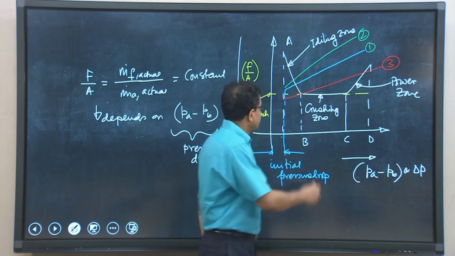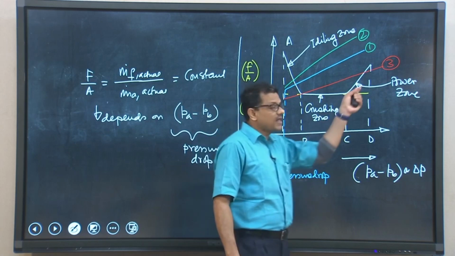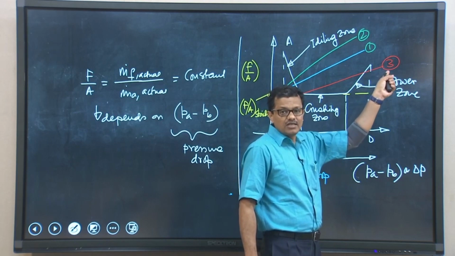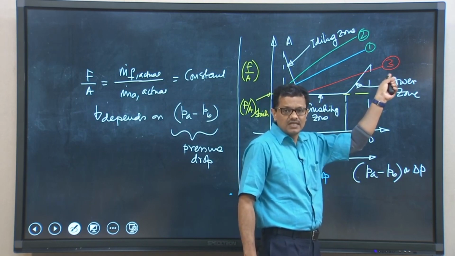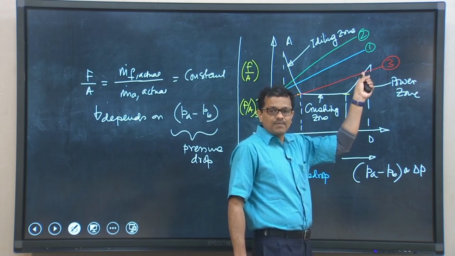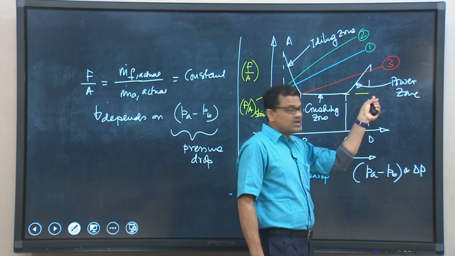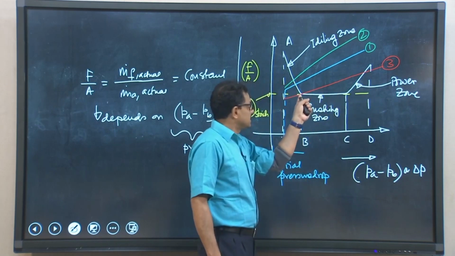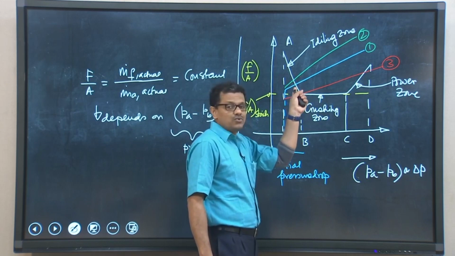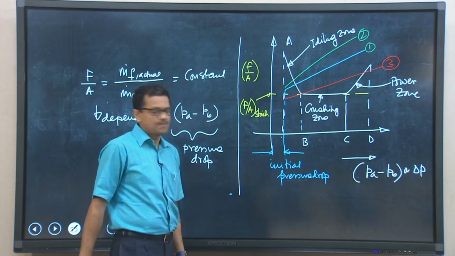On the other hand, if we design a simple float type carburetor to supply adequate fuel air ratio during power zone, that is like straight line 3, that is the curve 3, then we can see though this particular type of carburetor is supplying adequate fuel air ratio during power zone, the same carburetor will supply fuel air ratio during idling zone which is far too lean from the required ratio.